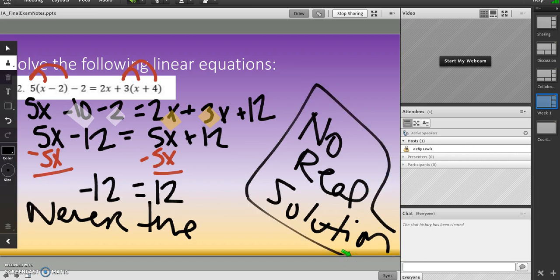If we did this problem and we got positive 12 equals positive 12, then it would be all real numbers. So if the numbers equal each other, it's all real numbers. If you have two numbers that don't equal each other, then it's no real solution. And make sure you put that word real.